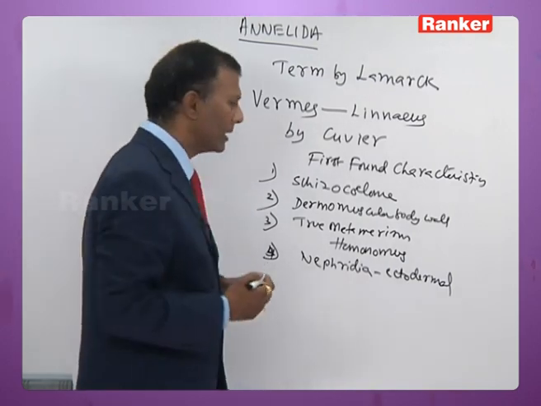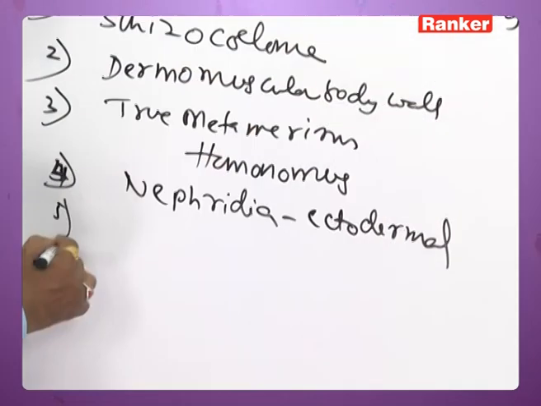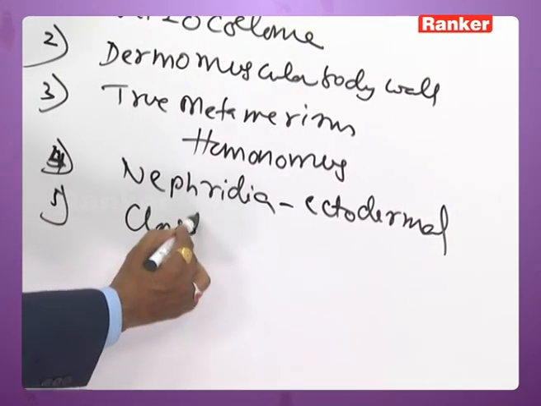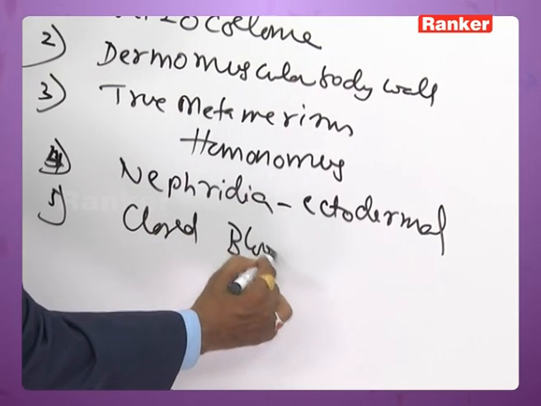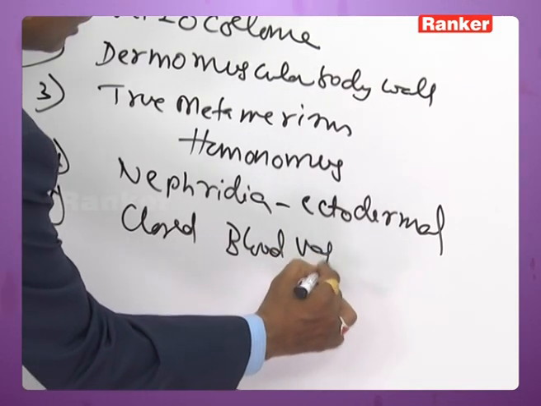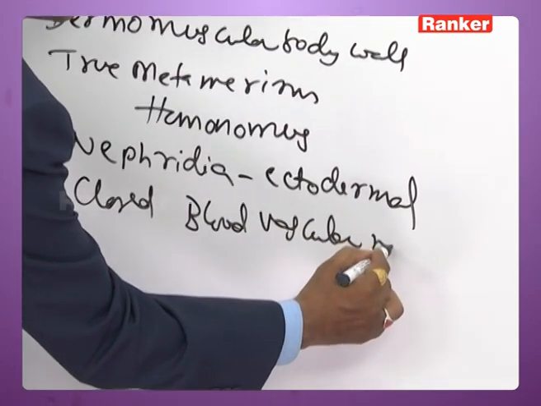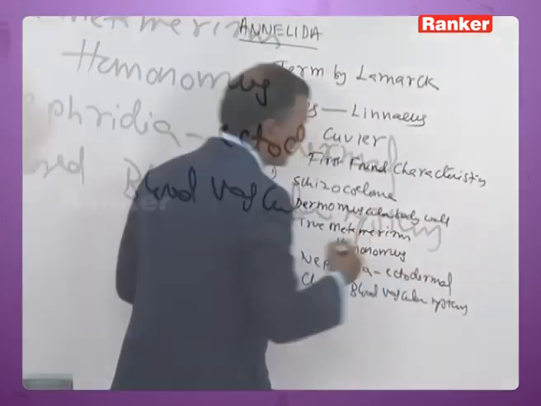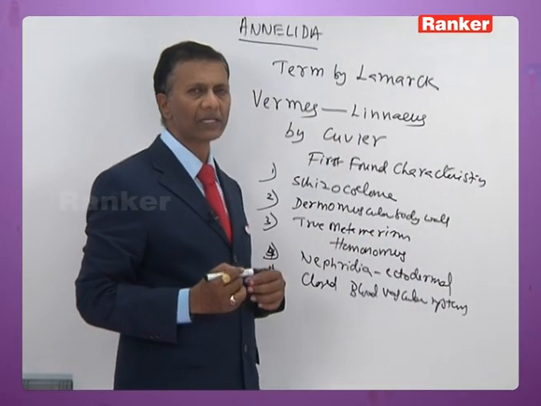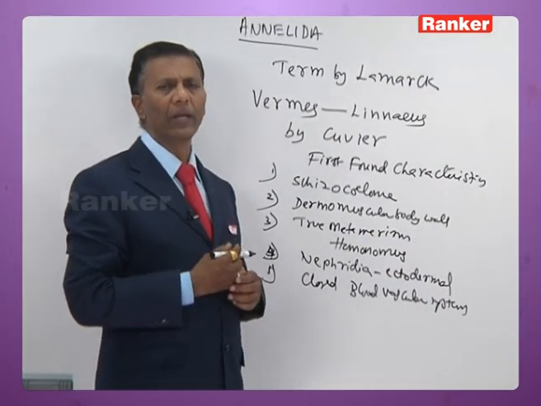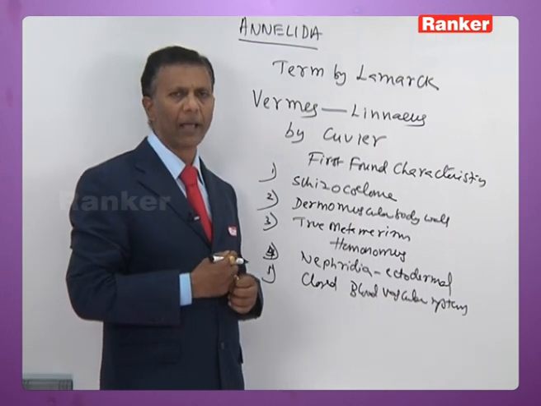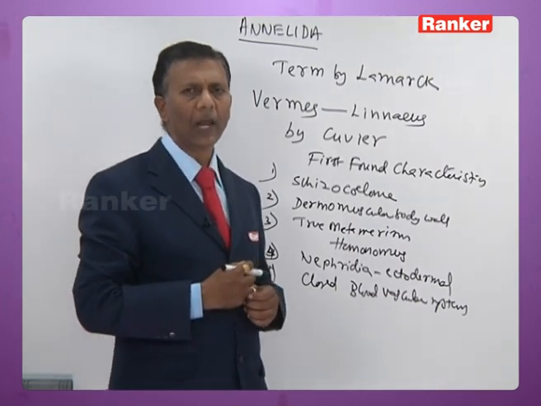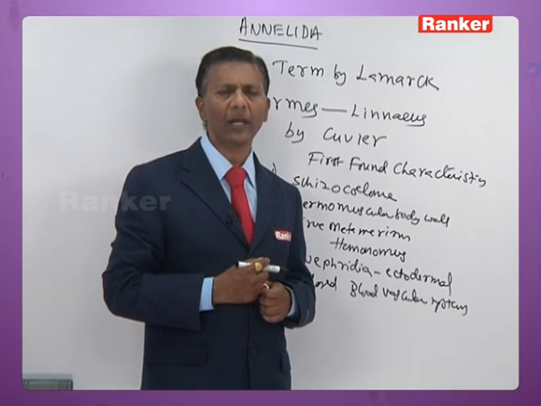Then annelids are the first animals to have closed blood vascular system. It is the first phylum to have closed blood vascular system, with hemoglobin dissolved in blood plasma, due to the absence of RBCs in all annelids.